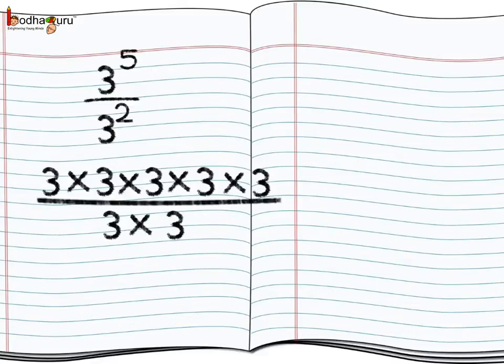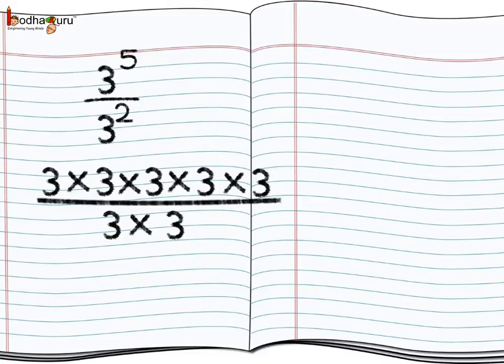Now, what about division? Like multiplication, we can divide numbers with the same base very easily. For example, 3 to the power 5 divided by 3 to the power 2. We can write it as 3 multiplied by 3 multiplied by 3 multiplied by 3 multiplied by 3 divided by 3 multiplied by 3.